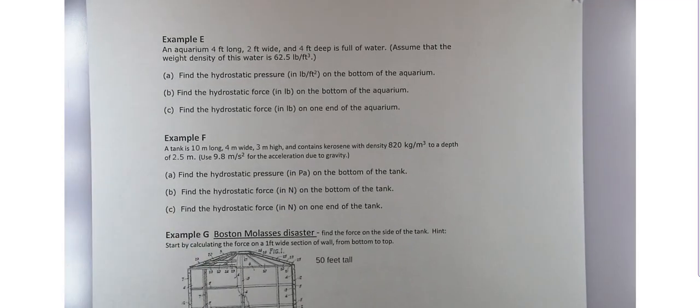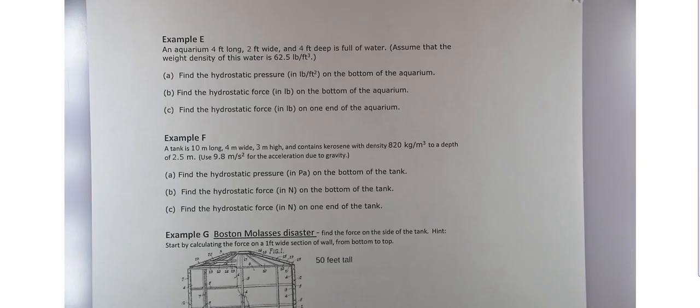So we're going to take a tank 4 feet long, 2 feet wide, 4 feet deep, that's full of water. And we're going to try and find several things about this. First of all, the hydrostatic pressure in pounds per square foot on the bottom of the aquarium. Well, okay.